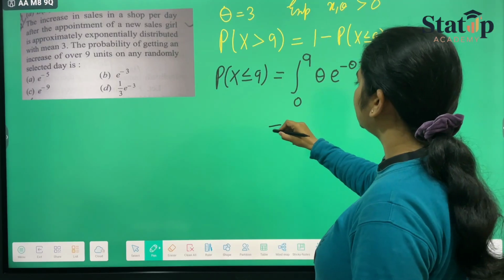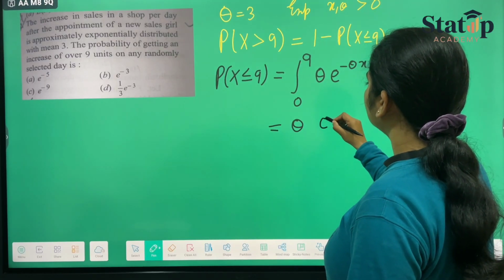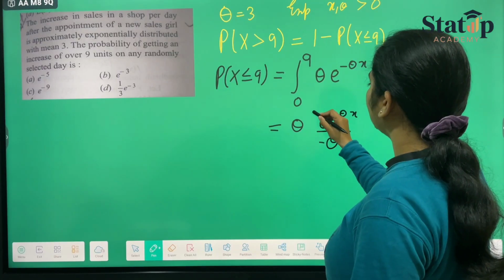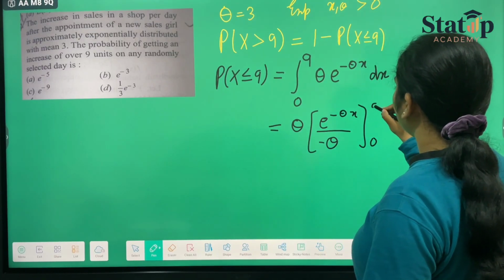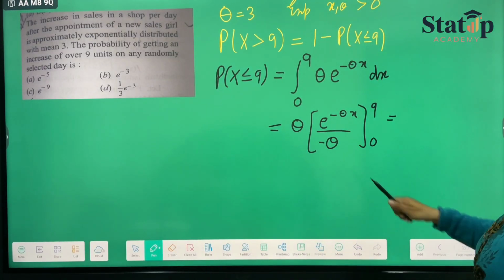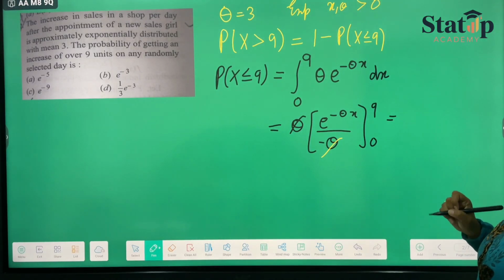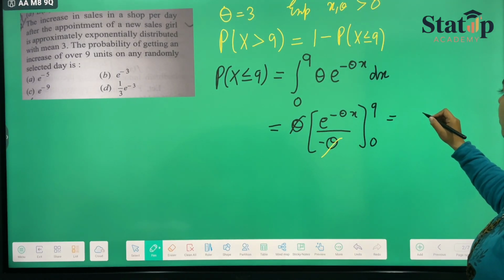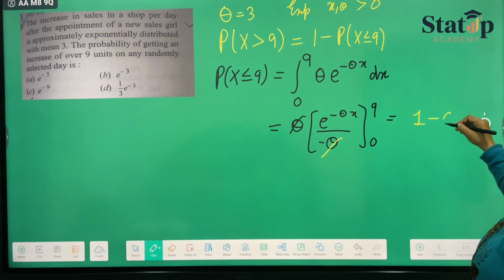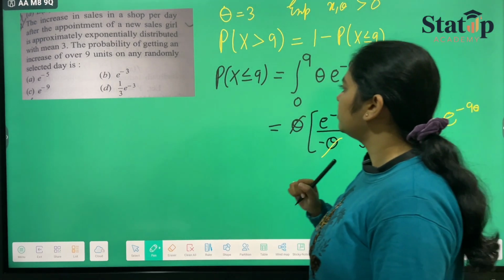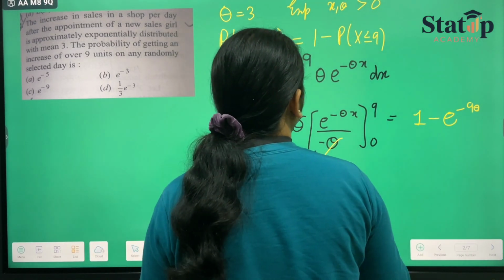If we solve this, we'll get theta e raised to the power minus theta x upon theta with the minus sign, with the limits 0 and 9. On solving it, theta and theta get cancelled, and it will be 1 minus e raised to the power minus 9 theta. These will be our limits.